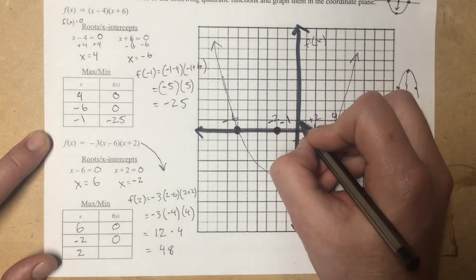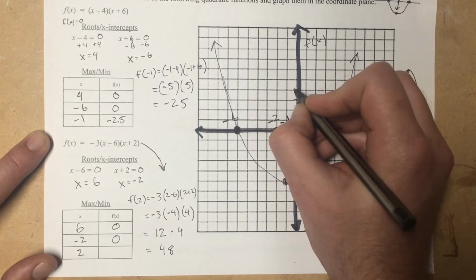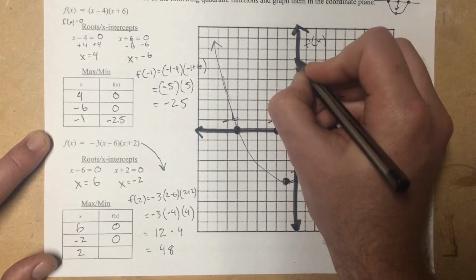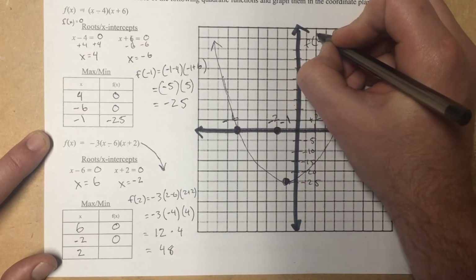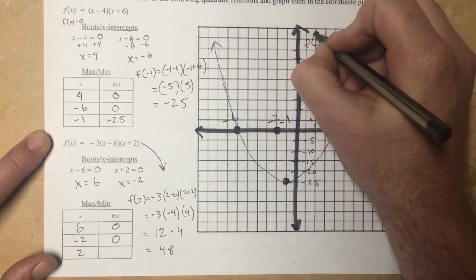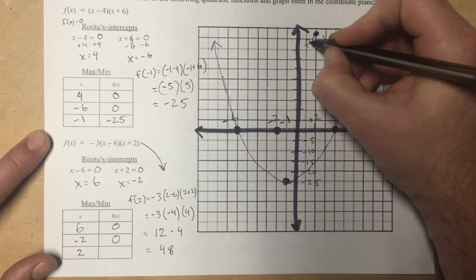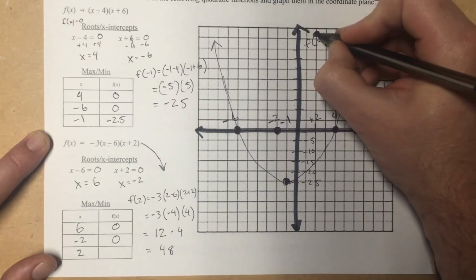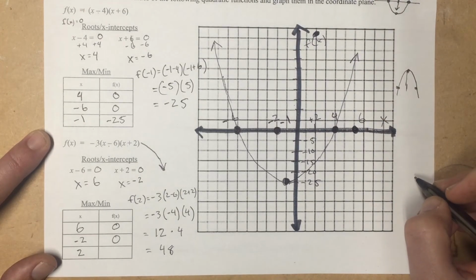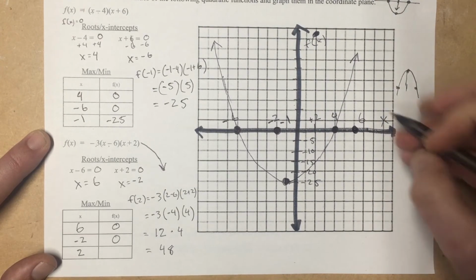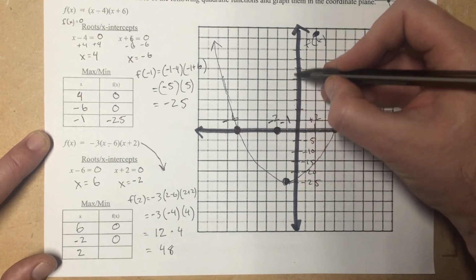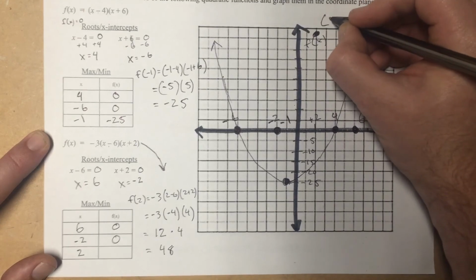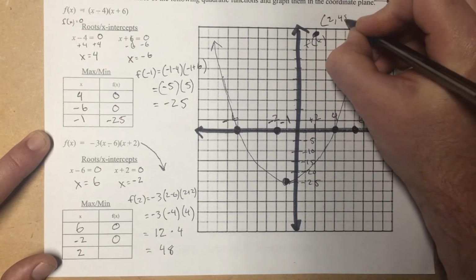So let's count up. We got 5, 10, 15, 20, 25, 30, 35, 40, 45, 48. 50's up here at the top. 48's about right there. I definitely drew that f of x in the wrong spot. But that's how the world works sometimes. All right. We are going to go from our point here all the way up to our point at (2, 48).